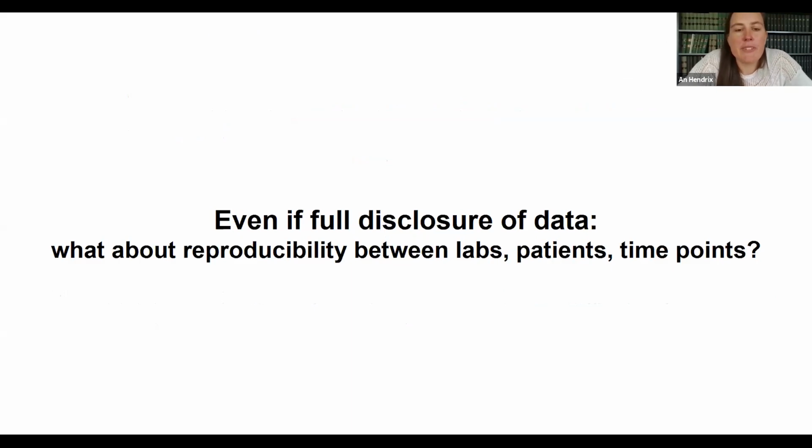So transparency is, of course, one important aspect, but it would still not solve all reproducibility. It's the first step forward if we are able to reproduce each other's experiments, but then we can still have inter-user variability, variability in between labs, between different patients, and within a lab, even between different time points.